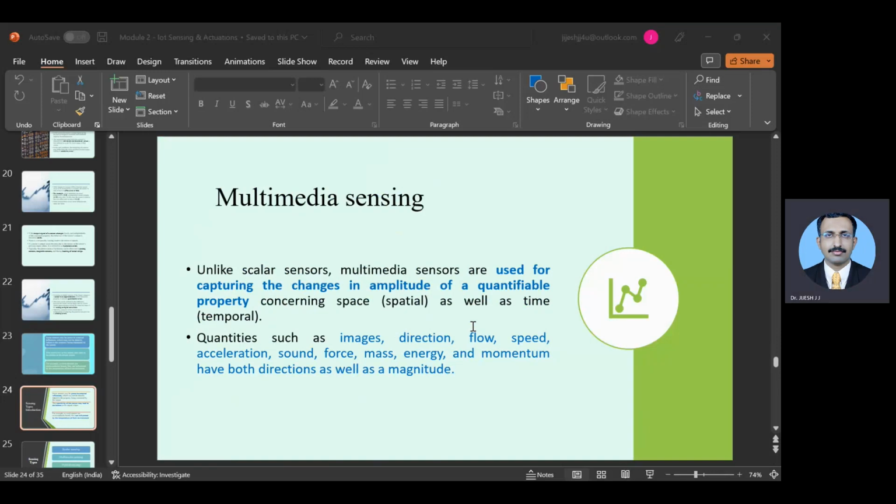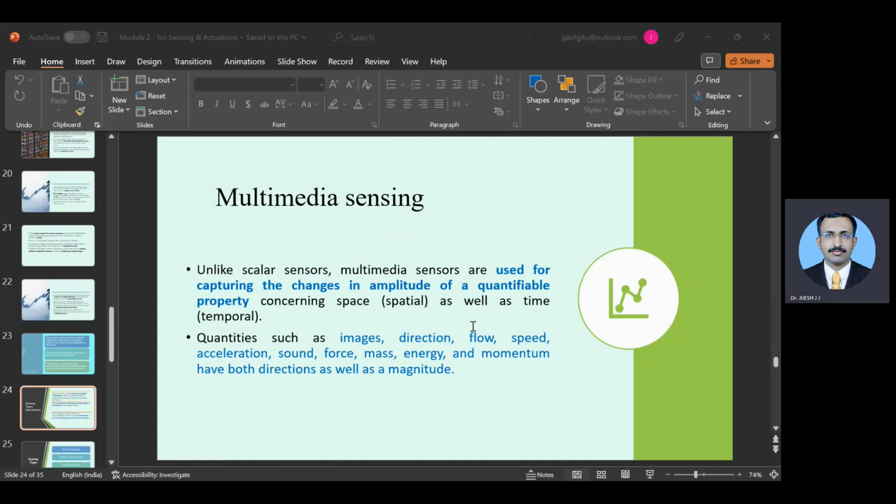Scalar sensors and multimedia sensors are used for capturing changes in amplitude of properties with respect to space as well as time. Quantities such as image, direction, flow, speed, acceleration, sound, force, mass, all these things you know, right?